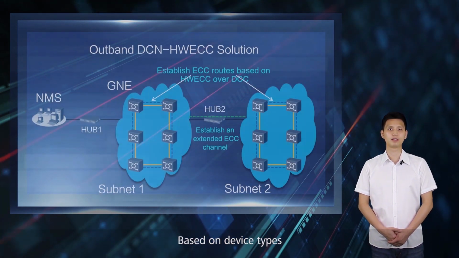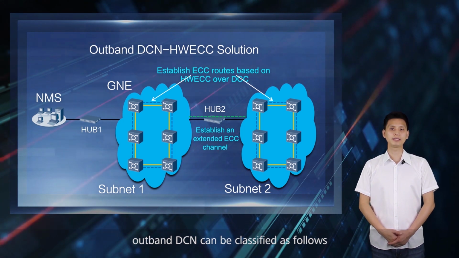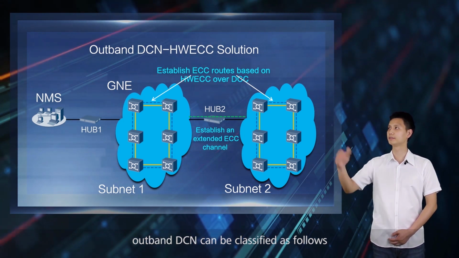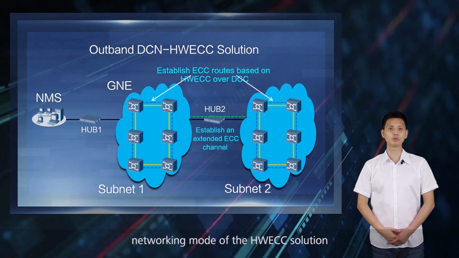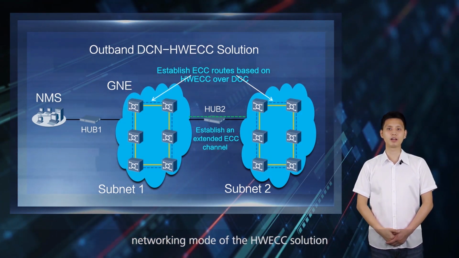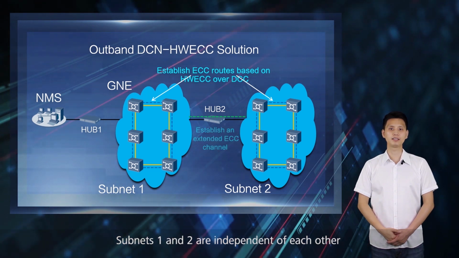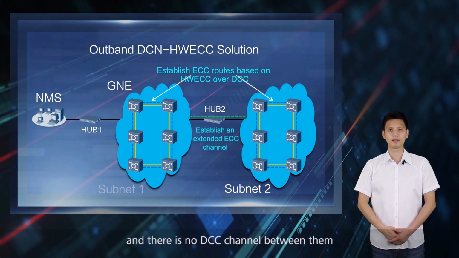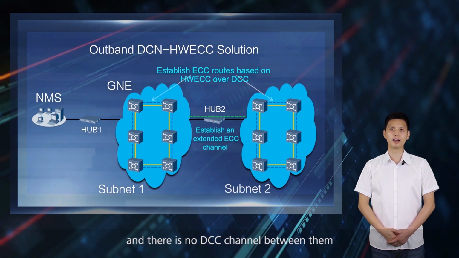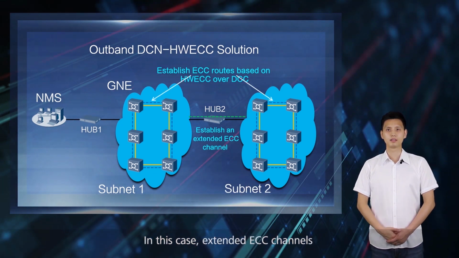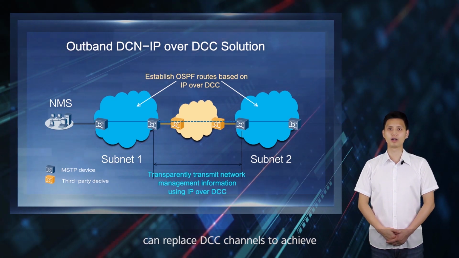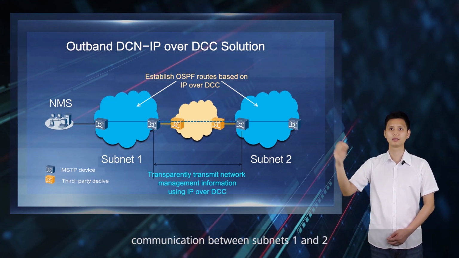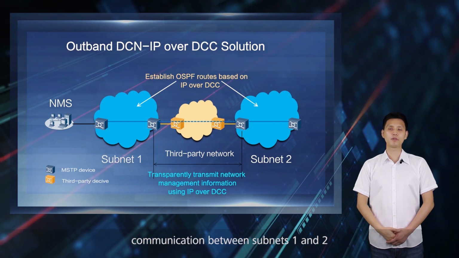Based on device types, outband DCN can be classified as follows. 1. The following figure shows a typical networking mode of the Huawei ECC solution. Subnets 1 and 2 are independent of each other, and there is no DCC channel between them. In this case, extended ECC channels can replace DCC channels to achieve communication between subnets 1 and 2. 2.